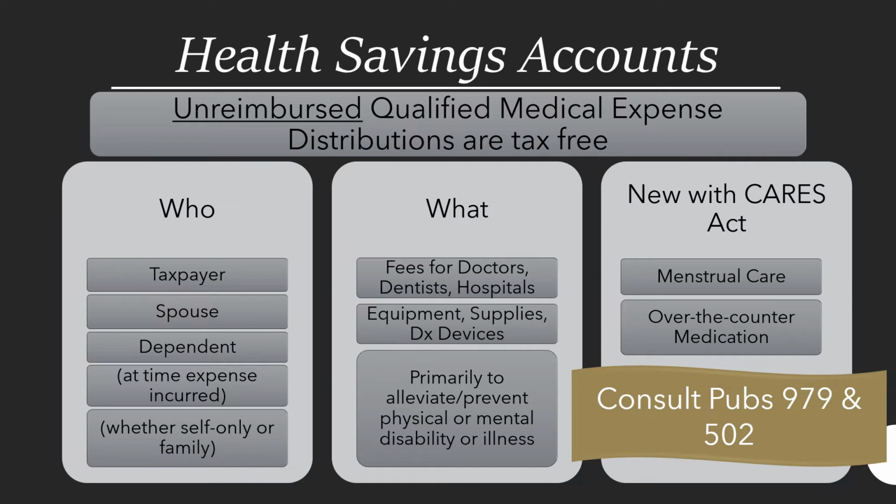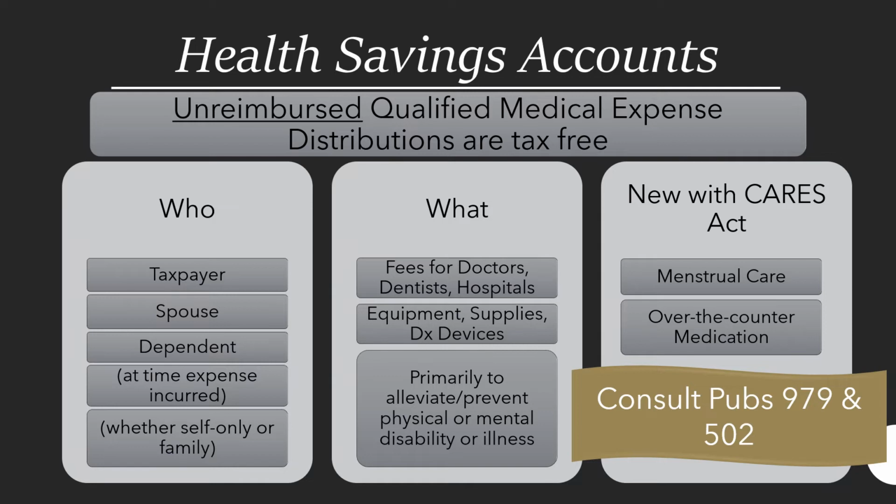So for instance, if you have a dependent who gets some medical treatment in December and the bill doesn't come until the next year, and that next year that dependent is no longer qualifying as a dependent, the taxpayer is still able to have that tax-free amount, because at the time the expense was incurred, the person receiving care was a dependent, even though it was paid later, in a later year.